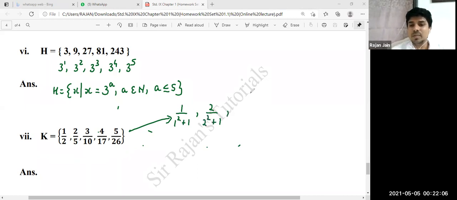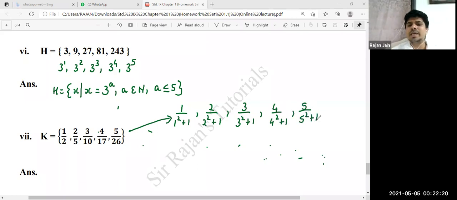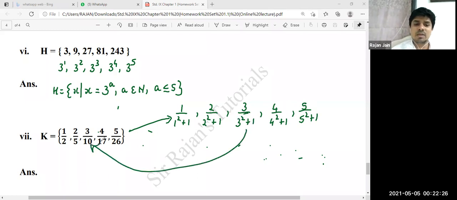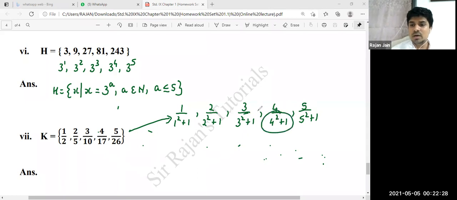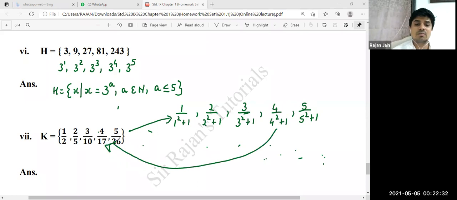Then 3 upon 10, I can write 10 as 3 square plus 1. 4 upon 4 square plus 1. 5 upon 26 is 5 upon 5 square plus 1. Check it: how much is 3 square? 9. 9 plus 1 is 10, the same number given over here. Then over here 4 square is 16. 16 plus 1 is 17, the same number given over here.